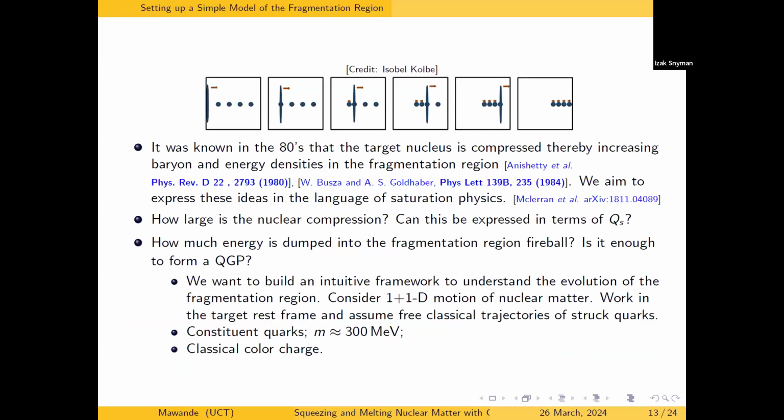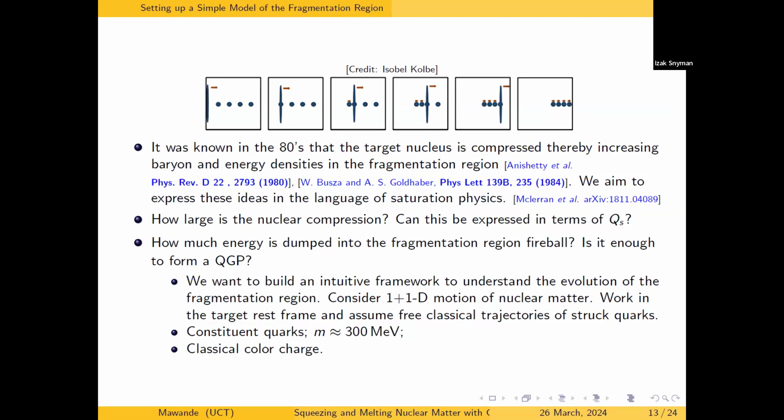In any case, to start with the fragmentation region, which is basically where our participants go, where our black participants were. Isabel, Larry, and myself were thinking: if you want to do this, you better stay near one of the colliding participants, go in the rest frame of one of the nuclei, and follow the target.